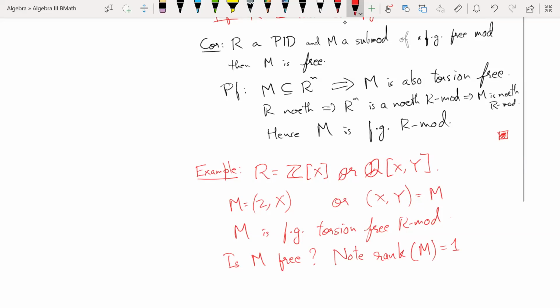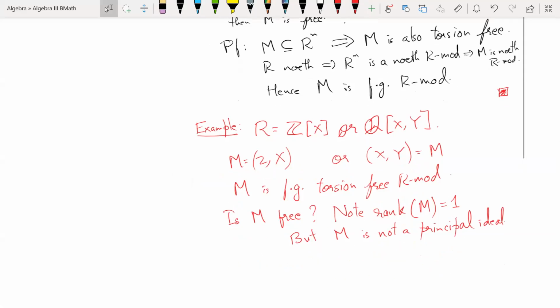So these ideals are not principal, that's another way of saying it. M is not a principal ideal. That's one way of arguing about it.